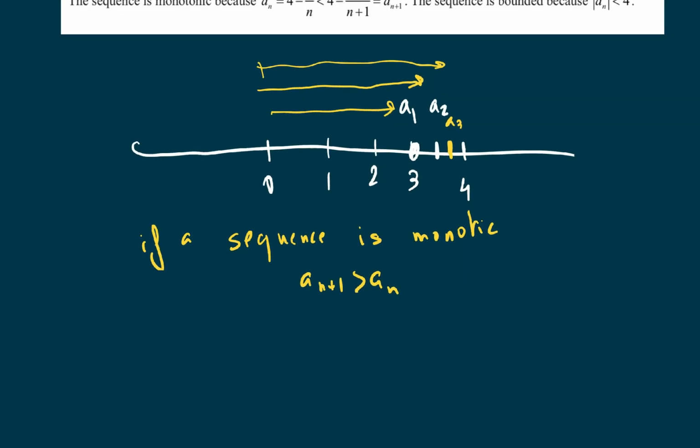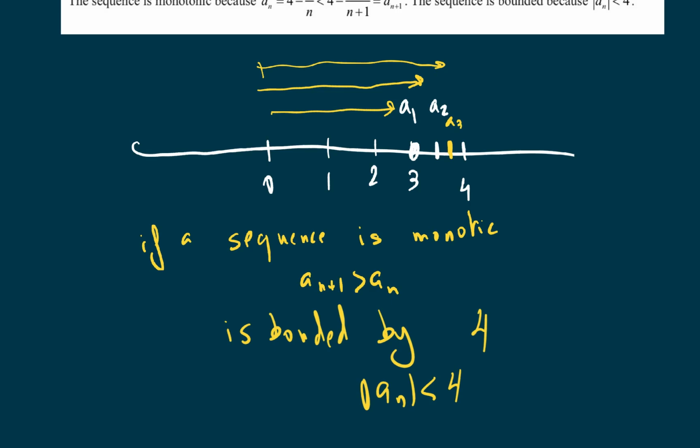Now this monotonic sequence has a special property, and the special property is that it is bounded by the number 4. You cannot go far away from the 4. You can never be at the point 4.1. The sequence a sub n is always smaller than 4.